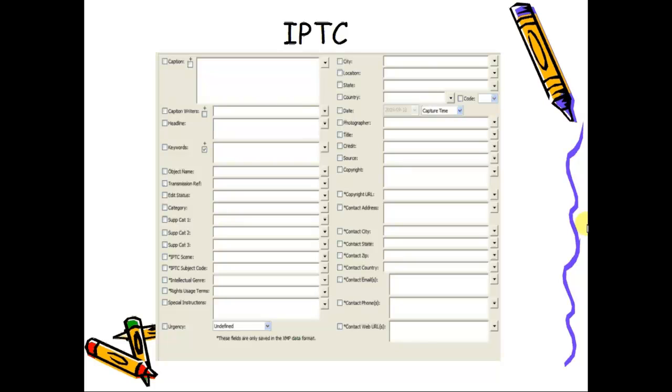You have the caption, who wrote the caption, the headline, keywords. That's if you get into cataloging later, we're going to talk about that. Keywords is vital. That's the critical part of cataloging. You can see a lot of the other things: where the picture was taken, city, location, state, and so forth, and who took it.